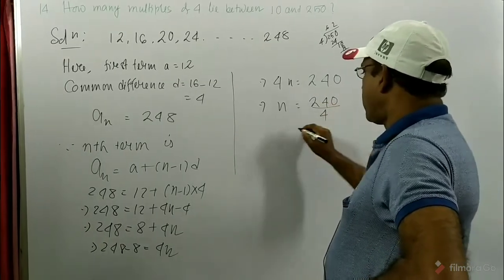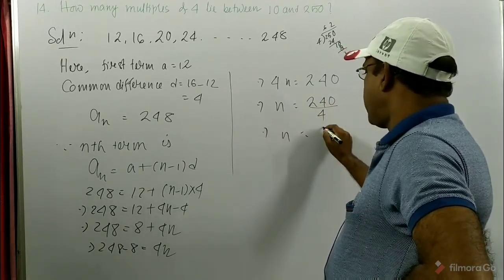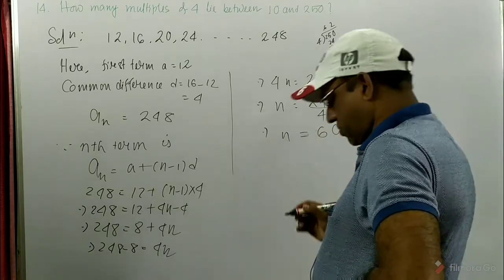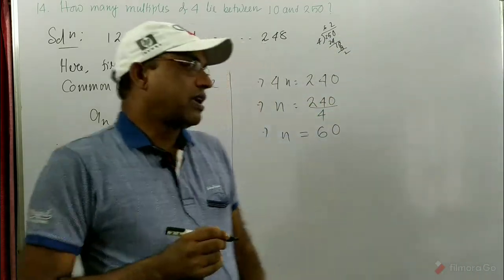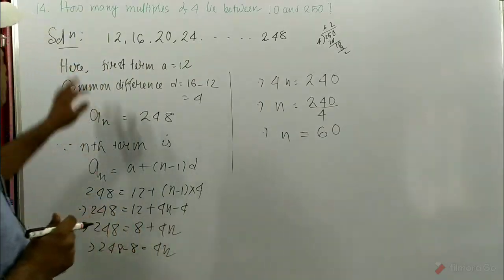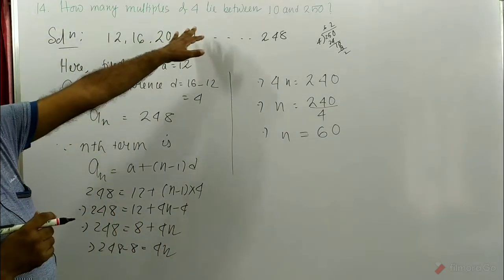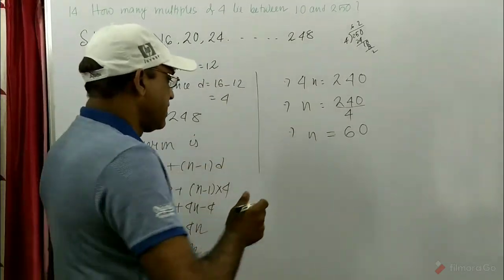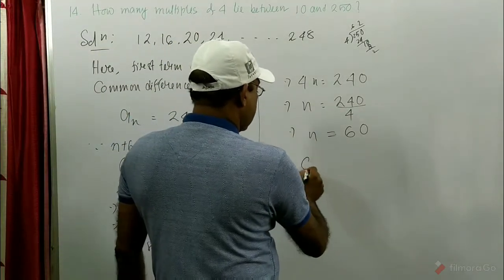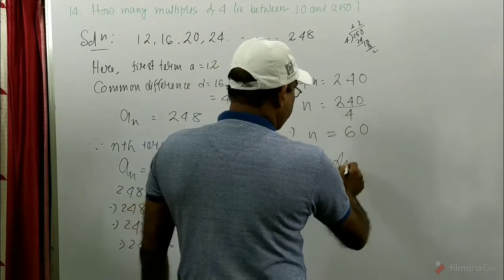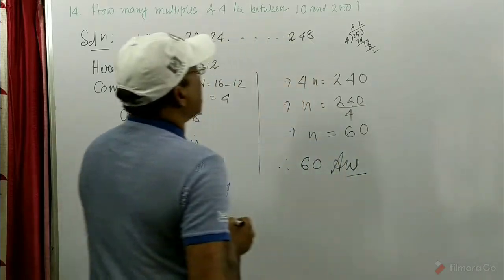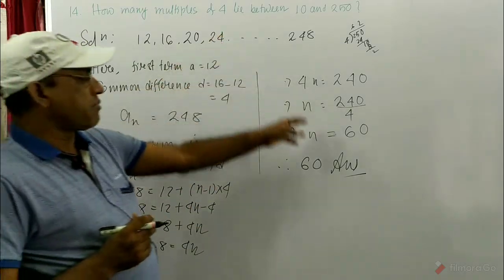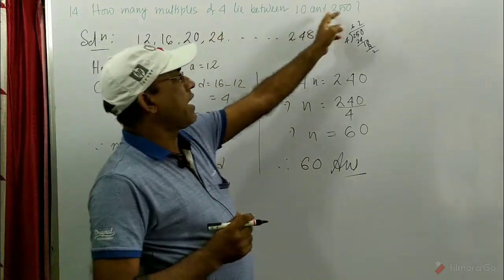Dividing by 4, n equals 60. So the answer is 60. How many multiples of 4 lie between 10 and 250? The answer is 60 multiples of 4.